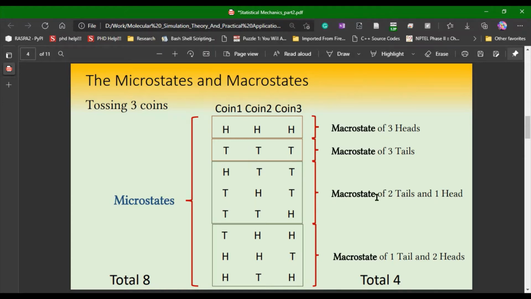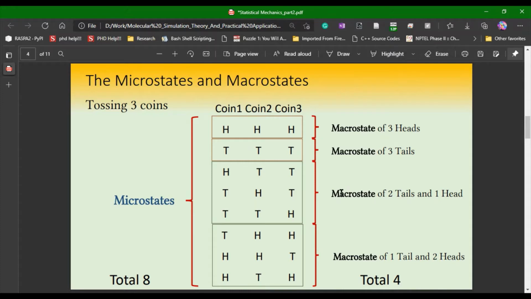Similarly, you have a macrostate of 3 heads, that is, all 3 of them facing head, or a macrostate of 3 tails, and similarly a macrostate of 1 tail and 2 heads. So you see that the total number of macrostates is 4, and when you define a macrostate, there are a number of microstates that correspond to a particular macrostate. For example, in this case, there are 3 microstates that correspond to this macrostate.